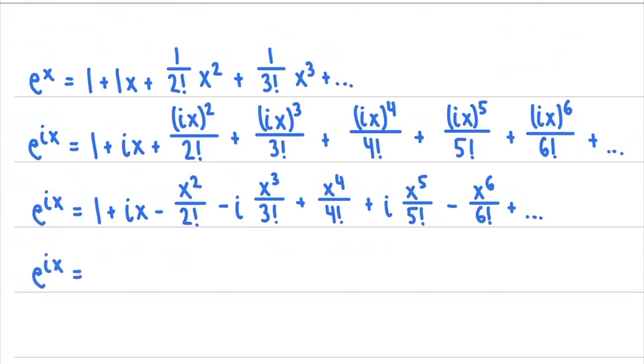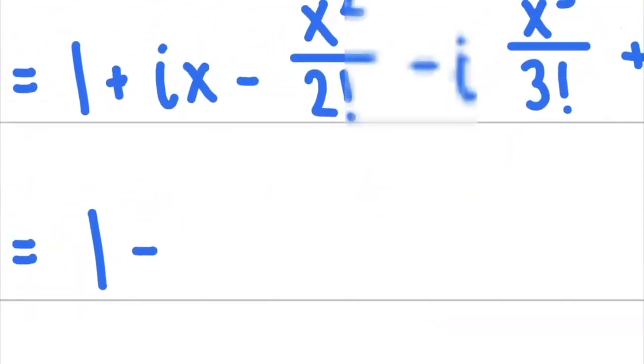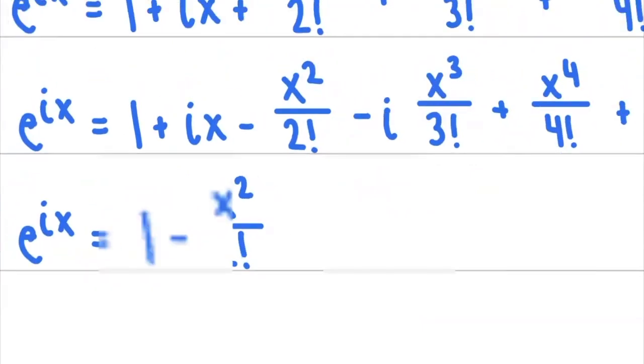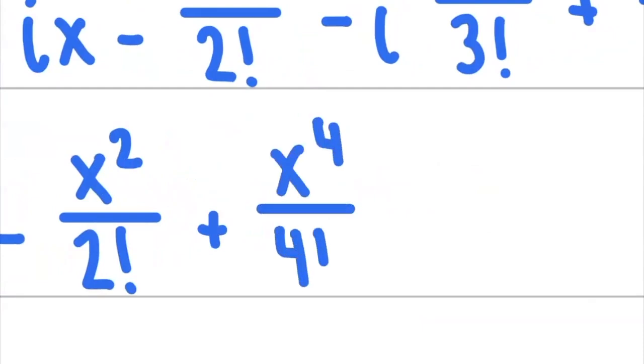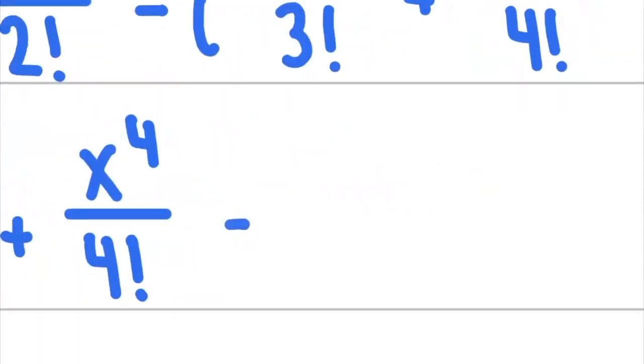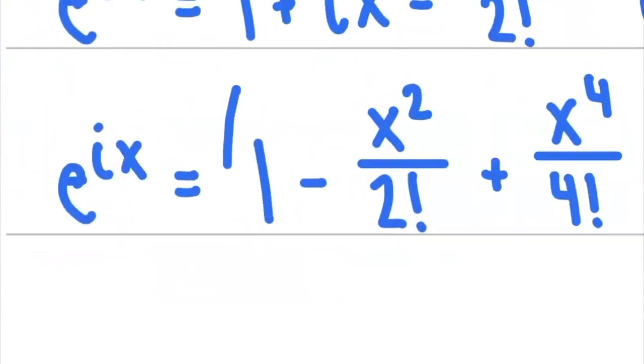I'm going to group the 1 minus x squared over 2 factorial plus x to the power 4 over 4 factorial minus x to the power 6 over 6 factorial. I'm going to group those terms together. And of course, that keeps going.